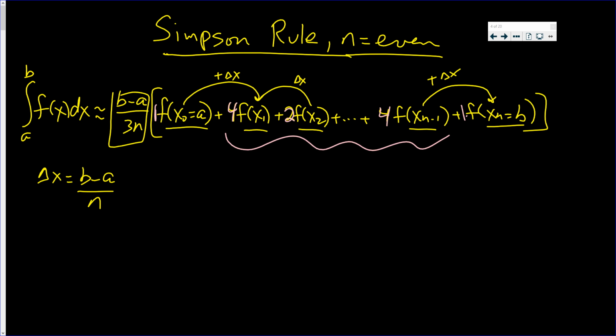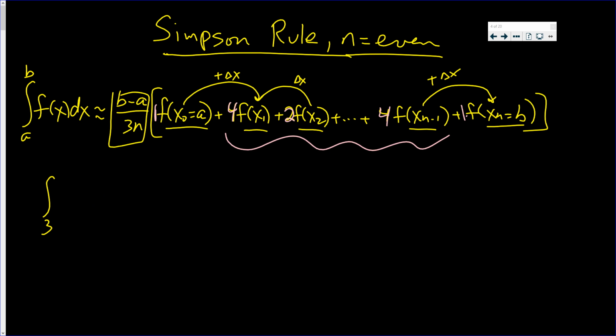Okay, now let's figure out what delta x is. So first, let's write down a problem. Suppose we want to do the same two problems we did for the trapezoidal rule.